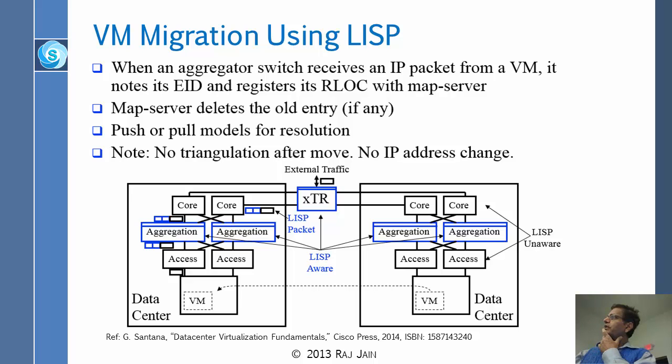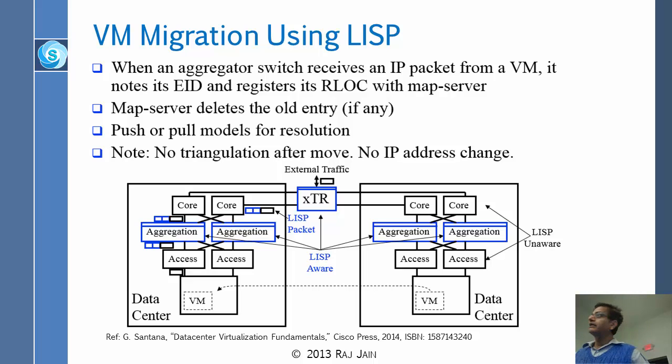So you need one more router here. So we have 1, 2, 3, 4, 5 routers which are LISP aware. Everything else is LISP unaware. Even the VMs don't know that they are running LISP. VMs really use that as IP address, even though it is their ID. So no IP address change and no triangulation.